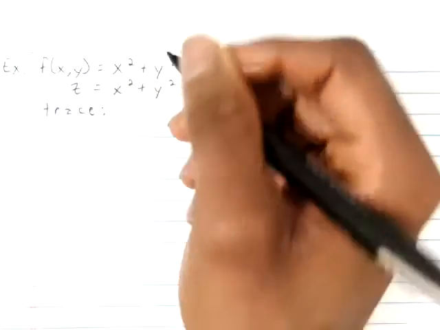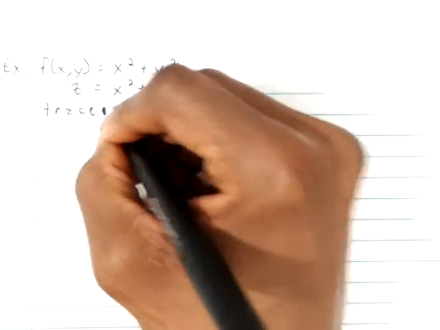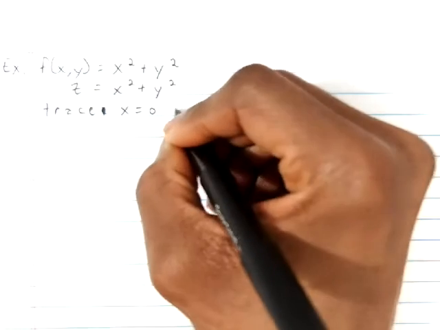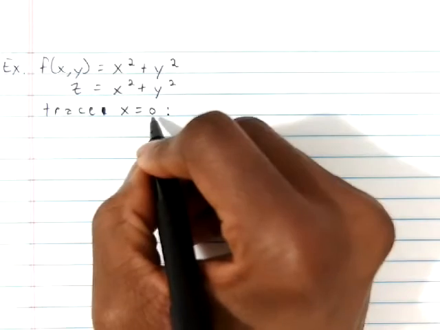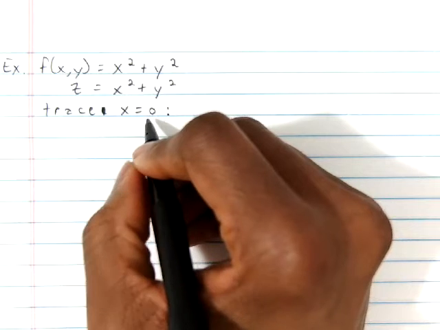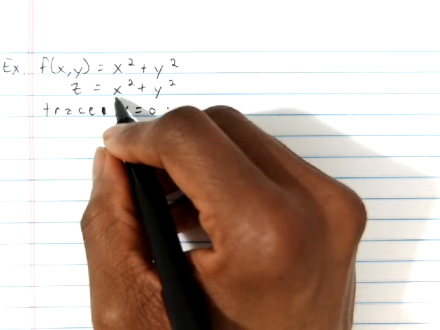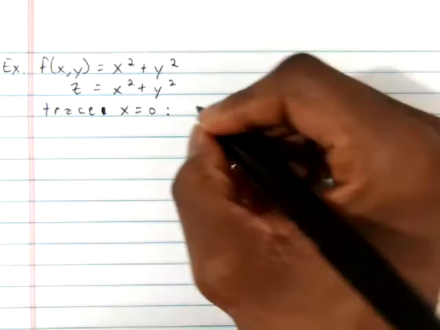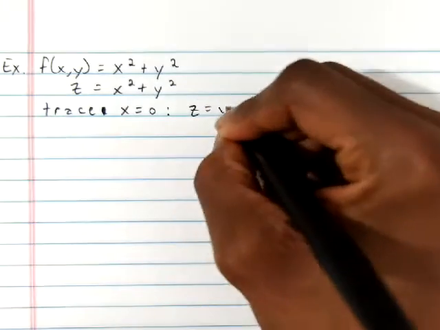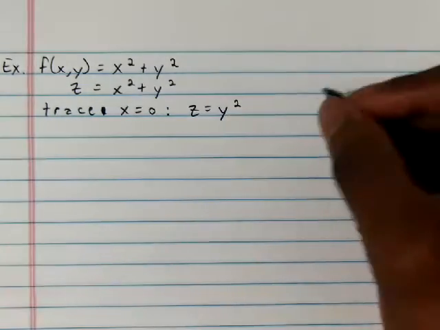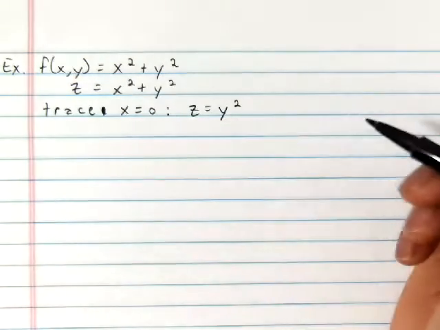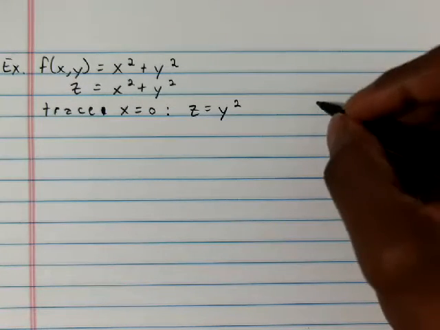So trace x equals 0. So the trace x equals 0 says we're supposed to plug in 0 for our x, and that's going to give us z equals y squared. So the trace x equals 0 actually is in the zy plane.